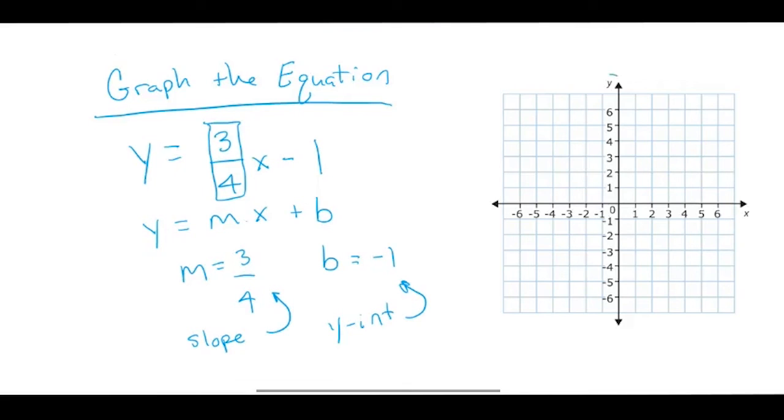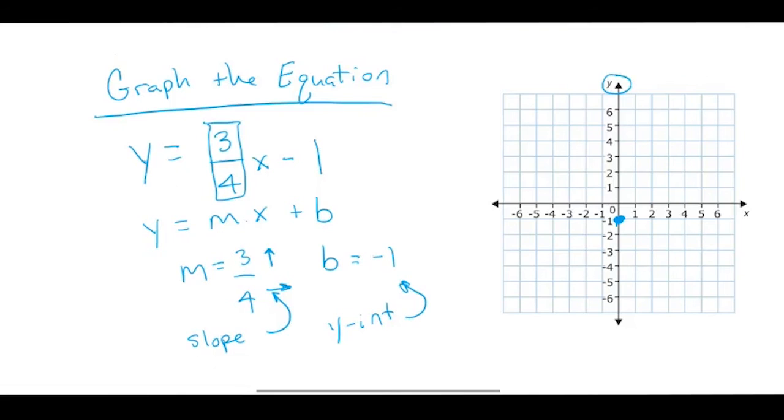So I go over to my y-axis, and I make a dot at -1. All right. Now from this point, the y-intercept, I am going to draw my slope. Remember, it's rise over run. So I'm going to rise 3 and run 4 to the right.